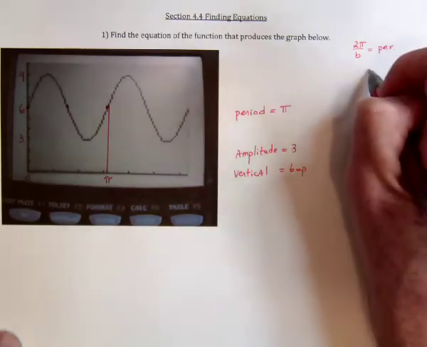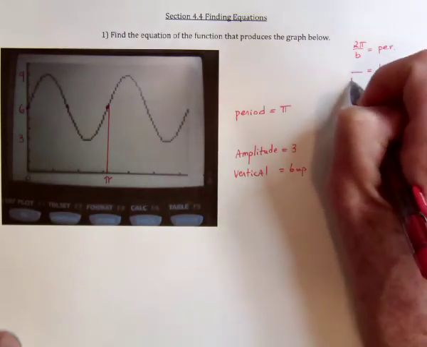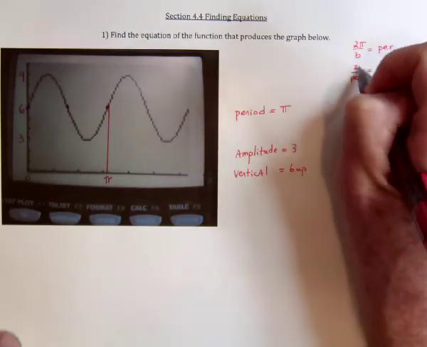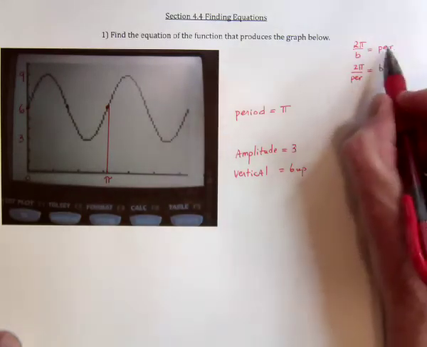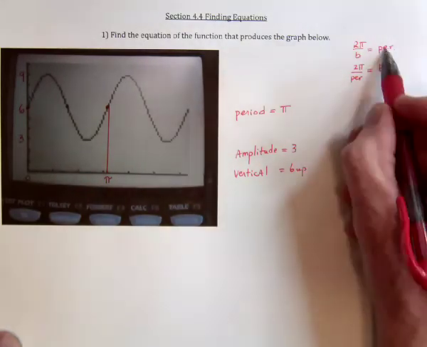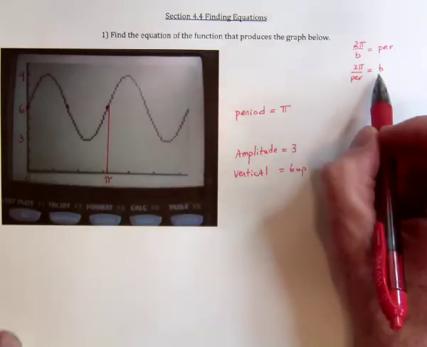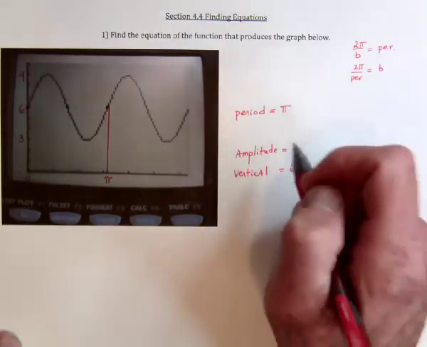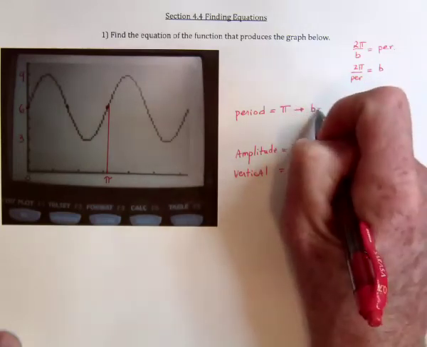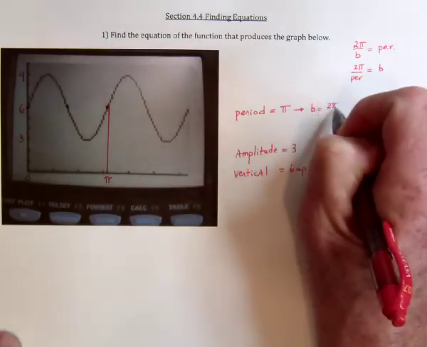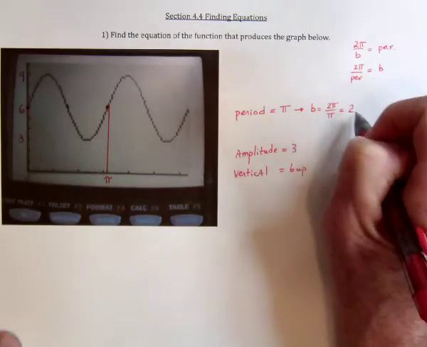Or if you multiply both sides by b and you divide by period, so in other words, cross multiply or have these two switch places. And so the b, the number that's supposed to be in front of x, is going to be 2 pi divided by the period. So the number that was sitting in front of x was a 2.